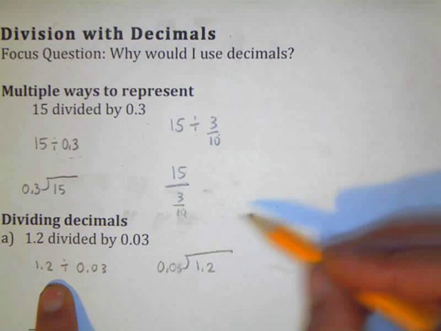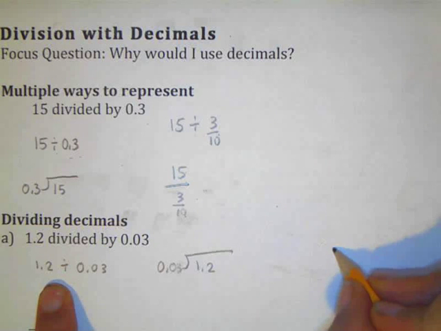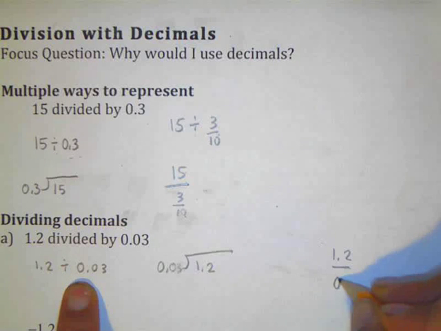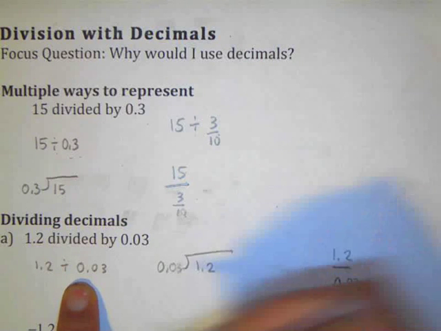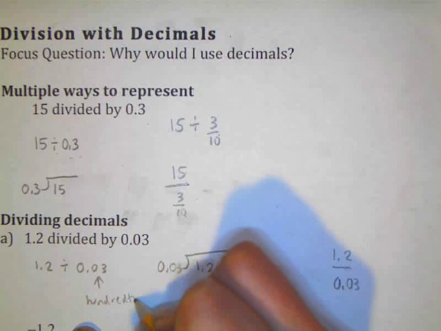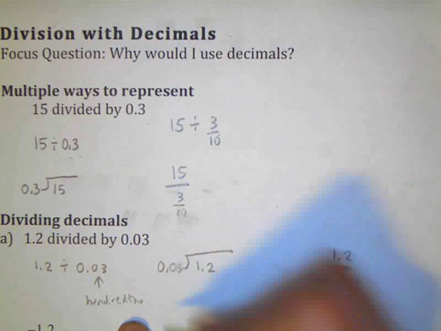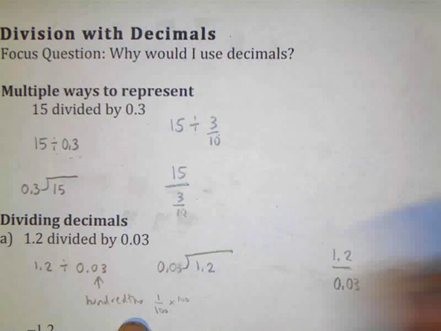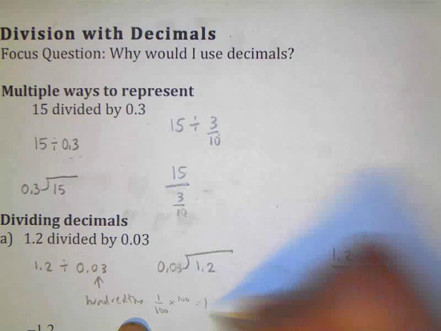So let's come up to this method here. 1 and 2/10 divided by, that's your division symbol, 3/100. So this is the hundredths, and if I multiply 100th times 100, I get 1.